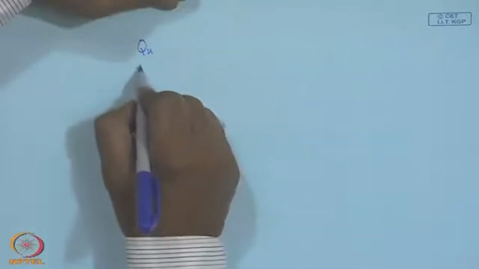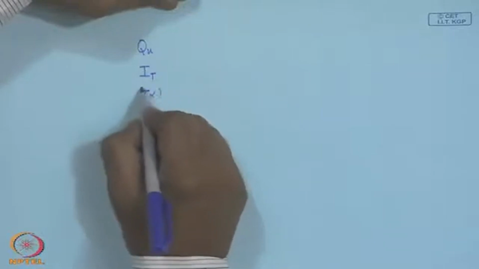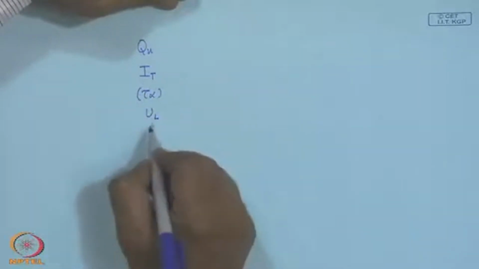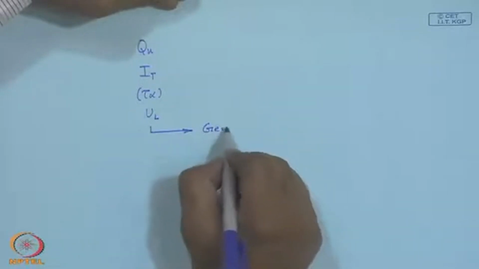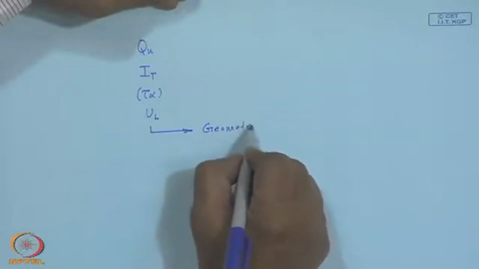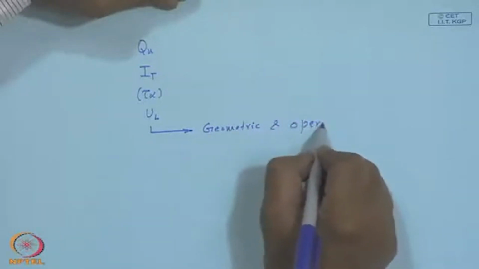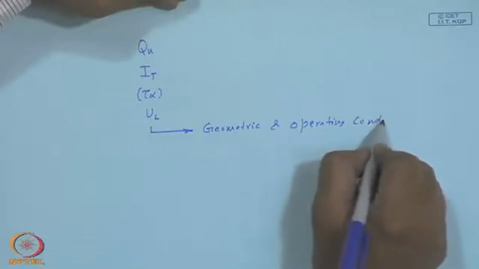Then we know how to estimate IT, how to estimate tau alpha, how to estimate UL, and then related to our geometric and operating conditions.